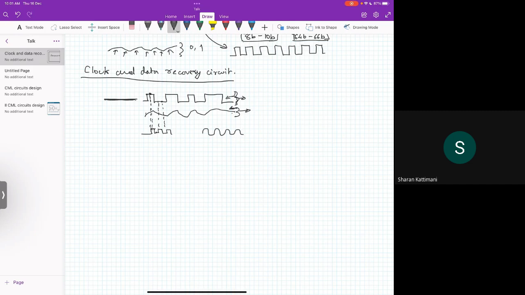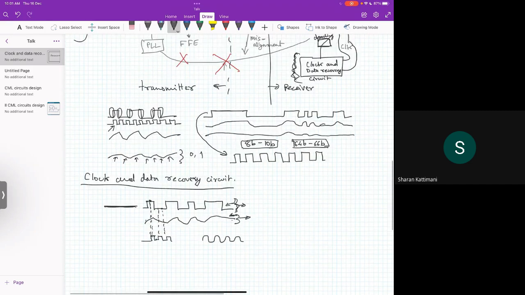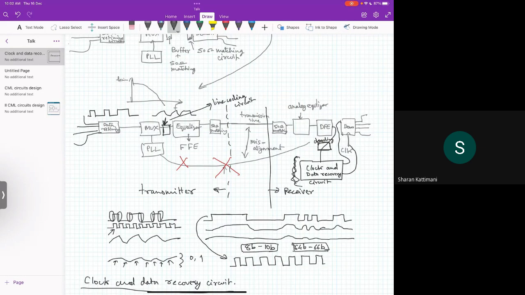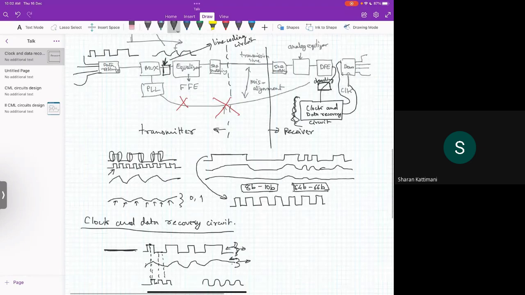Okay, and there is another thing that I think I missed to point out, that even if I have written here mux and demux, the equalizer is also kind of a digital block, and PLL, most of the blocks are digital.